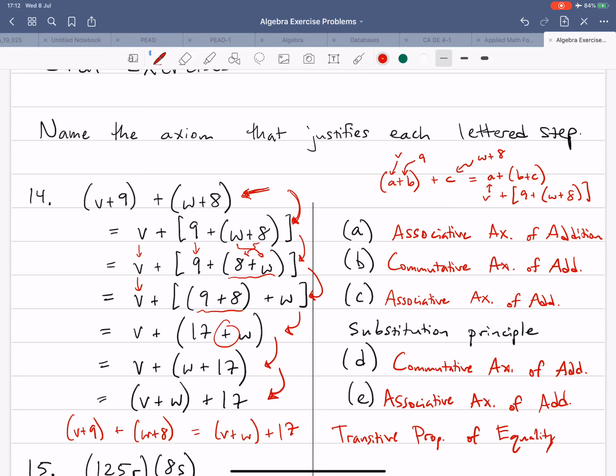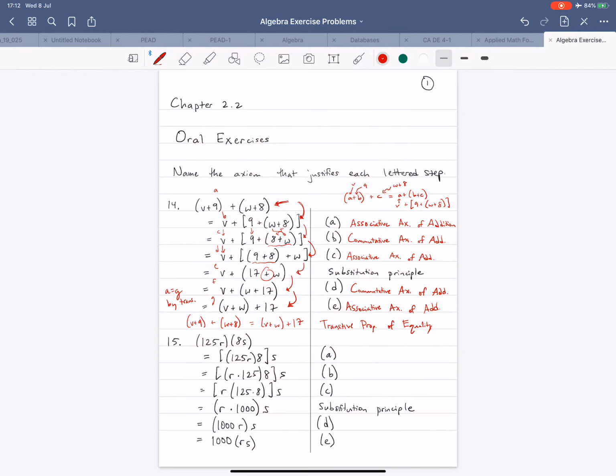Because this would be like A equals B here, and then B equals C, C equals D, D equals E, E equals F, F equals G, and finally A is equal to G by the transitive property. Okay, so that's it for that example.